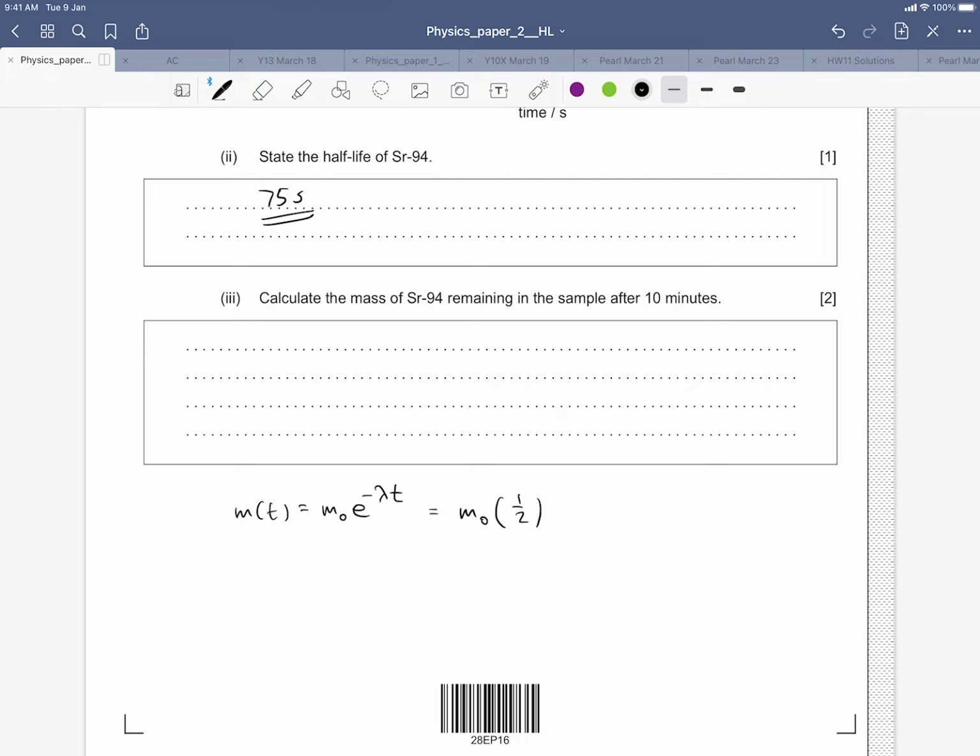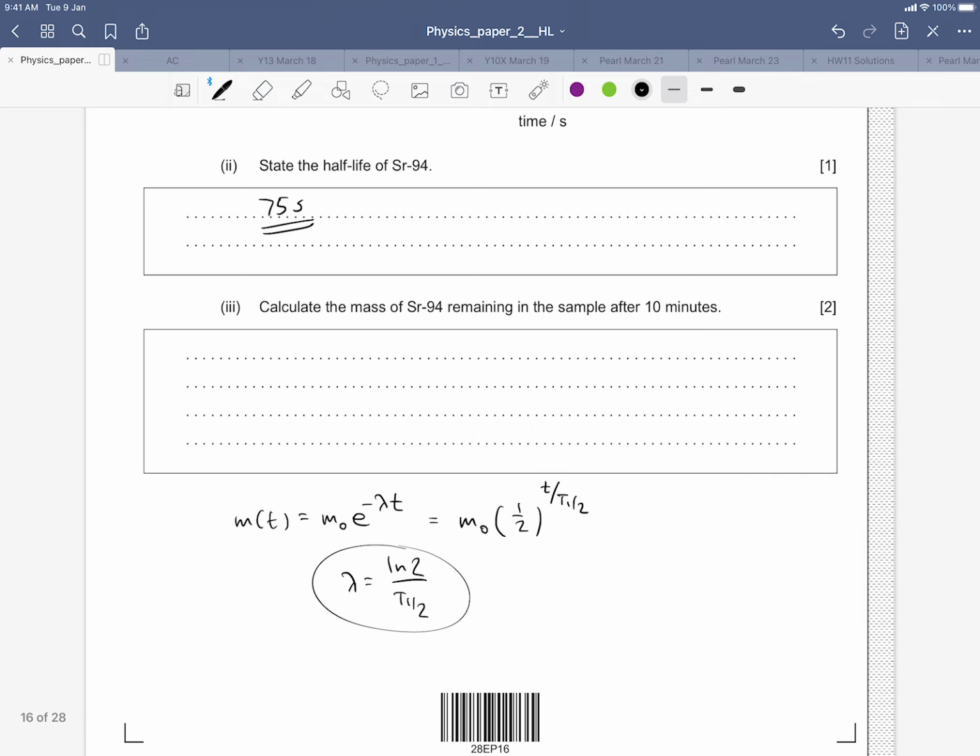If the decay constant, remember, is ln2 over the half-life, something you should be able to derive yourself, and you plug that in and simplify, then you get this version of the decay law, which is sometimes a bit easier to use. And here you can see we can just plug in 10 minutes and work it out straight away. So I'm going to do that.